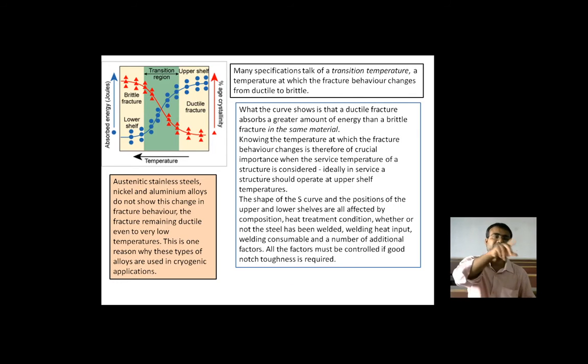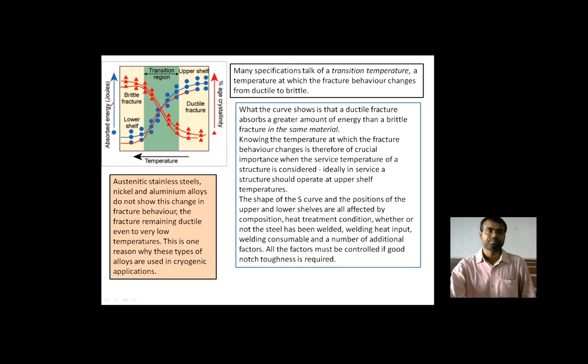As you can see in the figure, the observed energy in joules shows the brittle nature from the upper shelf to the lower shelf, and the ductility, and that is how the percentage of crystallinity and the temperature gradient are shown over there.